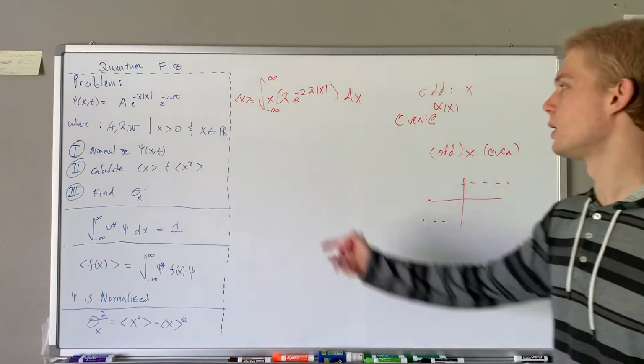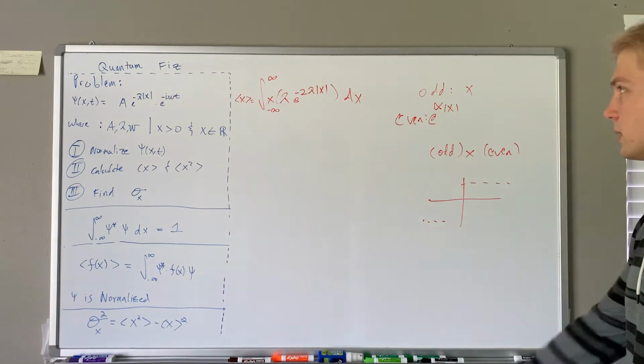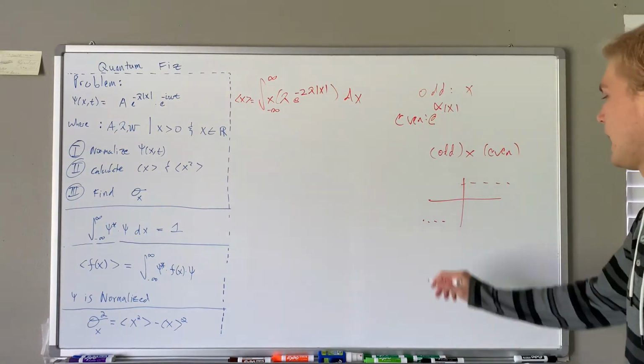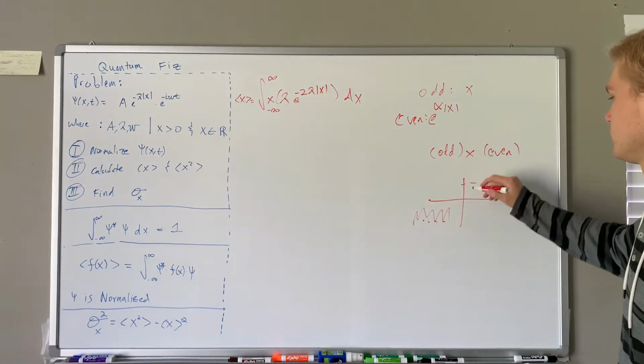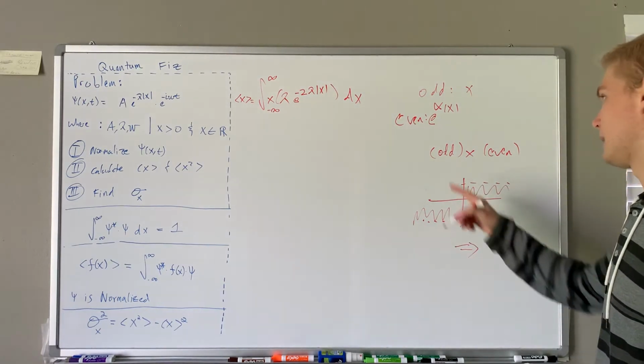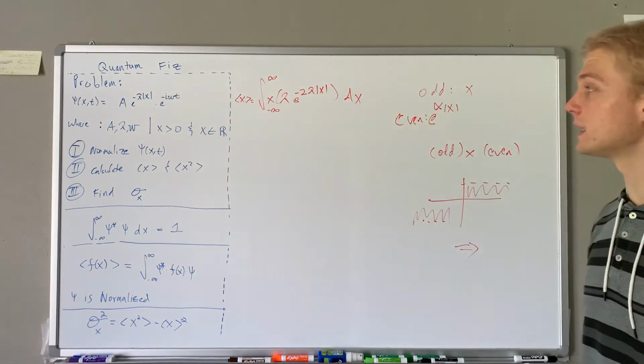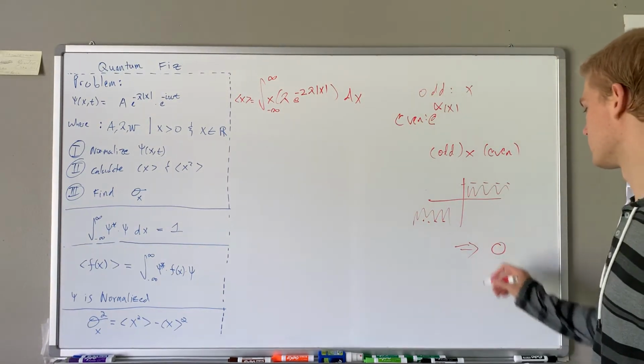And in this case, you're integrating from negative infinity to infinity. So what does that look like? You're adding up all the areas in the negative and positive regions. So that whole integral, from negative infinity to infinity, in the symmetric case, is going to give you 0.